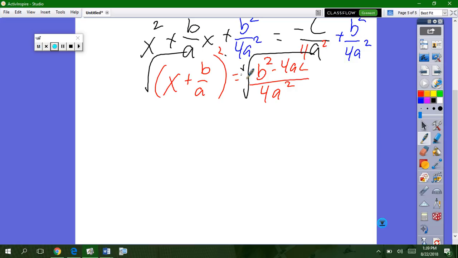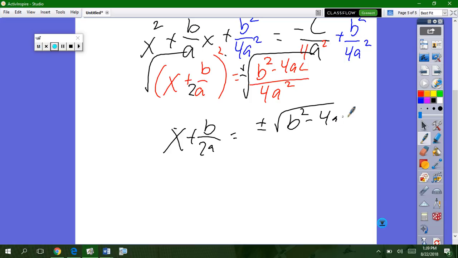So I need to do plus or minus. Okay, so this guy's x plus B over, oh, this should be 2A. I apologize. That was the half mark, wasn't it? Equals plus or minus the square root of B squared minus 4AC all over the square root of 4, which is 2. Square root of A squared is A.